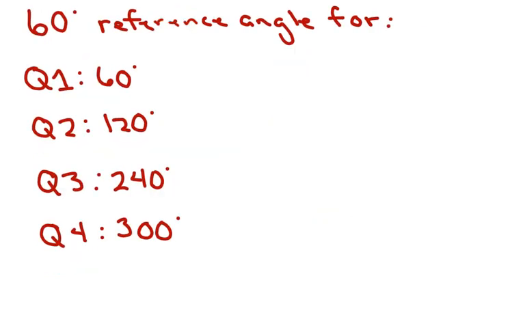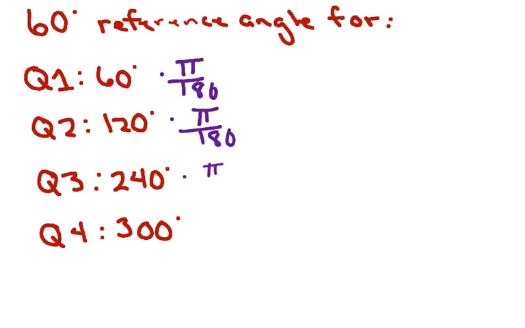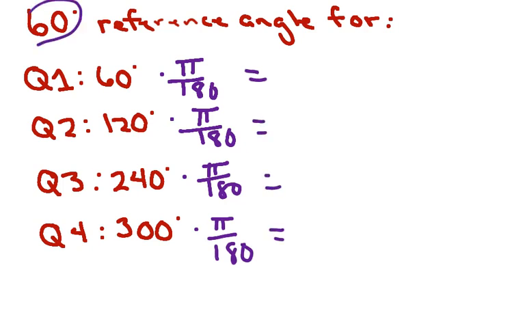We're going to do the same thing for the 60 degrees. We're going to multiply everything by pi over 180. And then we're going to ask ourselves how many 60 degrees are in 180. There's 3. And we're going to keep doing this, so our denominator on all of these is going to be 3.